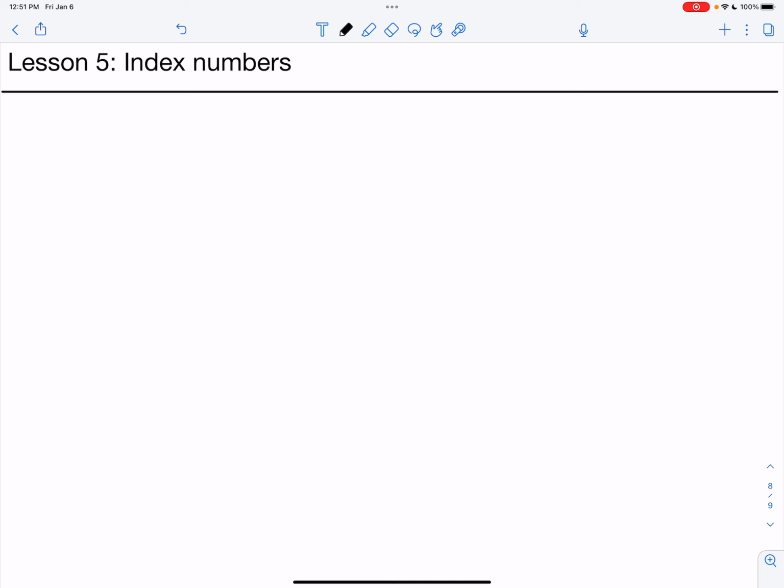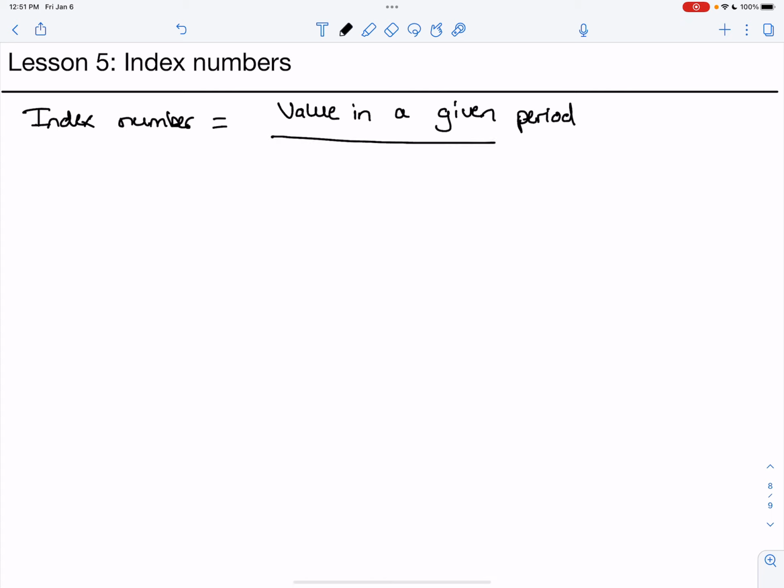So an index number is equal to the value in a given period divided by the value in something called the base period, all multiplied by 100.